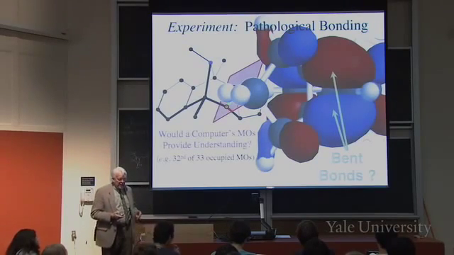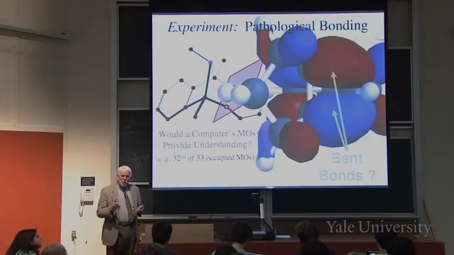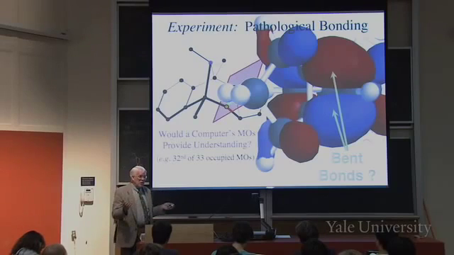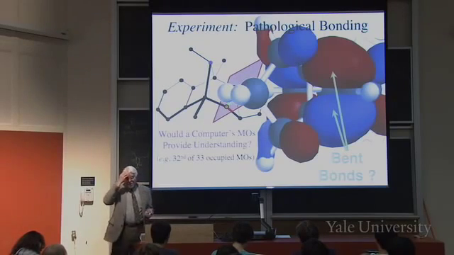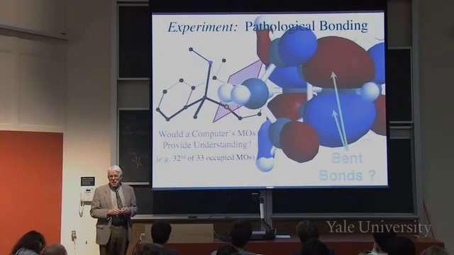And you see there is electron density in those. The wave function has big value in the region where those bonds are bent, but there are 33 of these occupied orbitals, and they put electron density every which way. And it's very difficult to understand why this is the way it is, why it's bent.